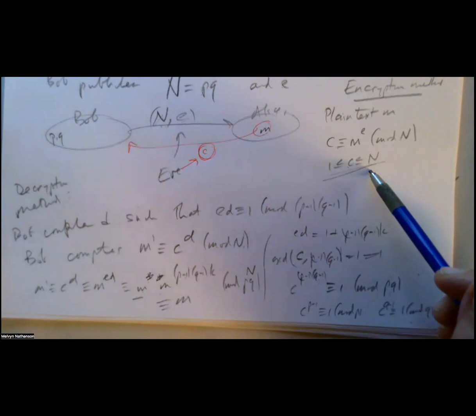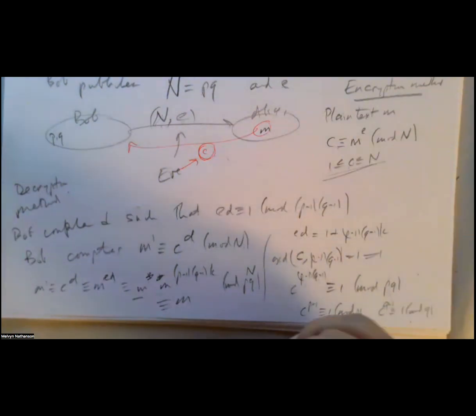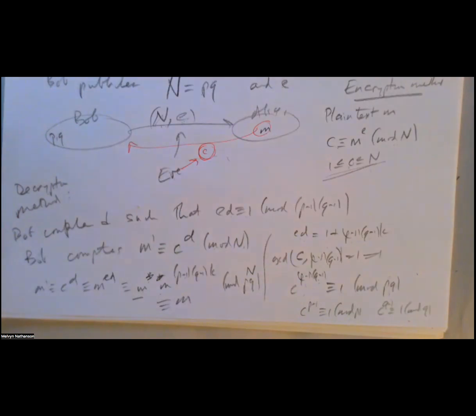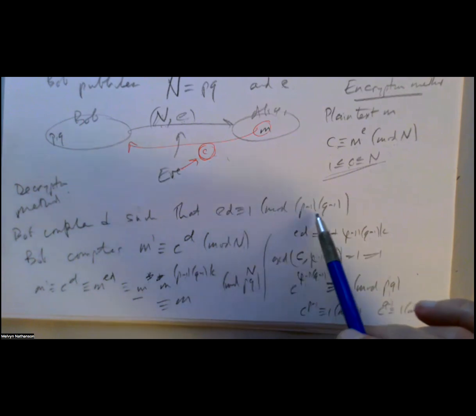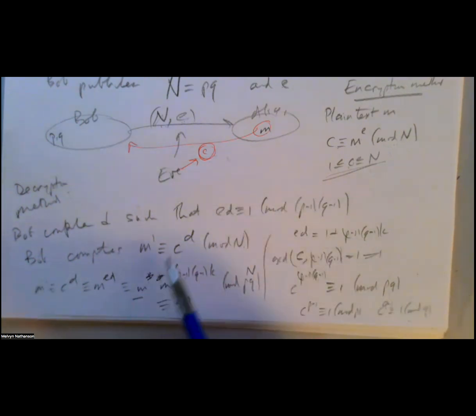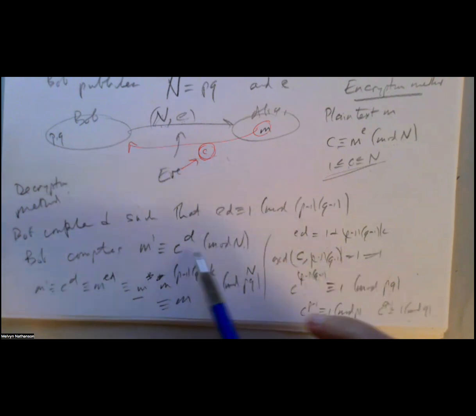She does this arithmetic, gets the number C, sends C. Bob receives C, and because he knows P and Q, and (P minus 1)(Q minus 1), just by the Euclidean algorithm, he can compute a number D where ED is congruent to 1 mod (P minus 1)(Q minus 1). And if he takes the ciphertext C and raises it to the power D mod N, that recovers the message M.